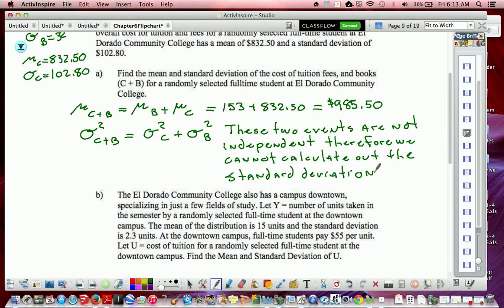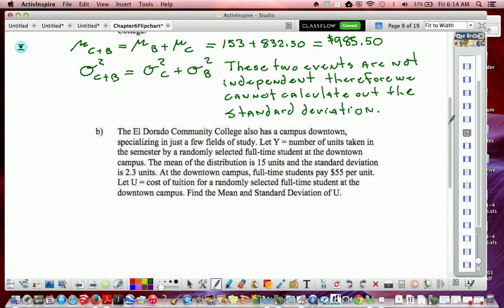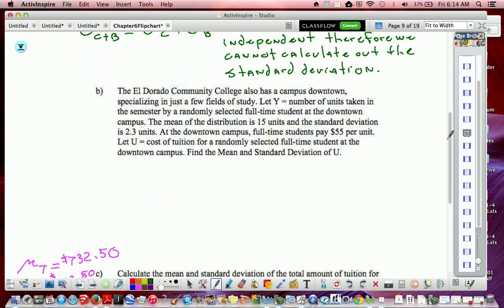And again, the reason why you can't is that the cost of our books and the spread are going to be influenced by the overall tuition cost, because tuition cost is based on how many credits you take. The more credits you take, the more likely you're going to have to spend on books. The fewer credits, the less you're going to spend on books. So since they're not independent, it would not make sense to calculate the standard deviation. However, we'll do some where we actually do.